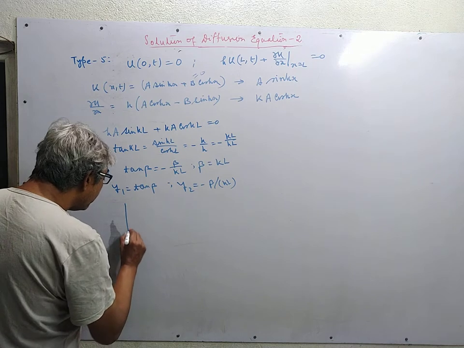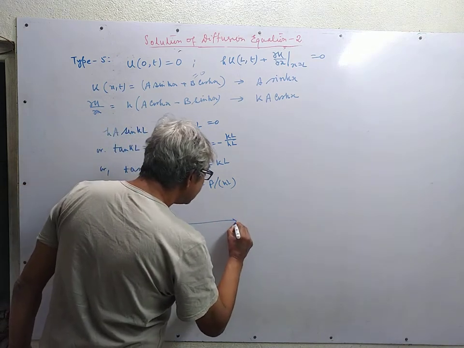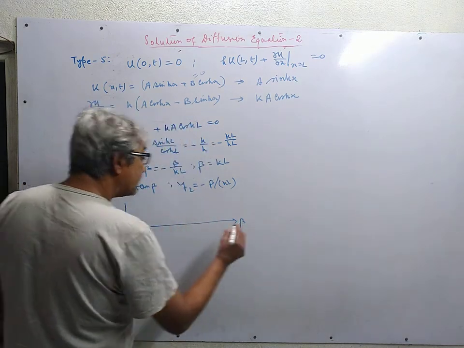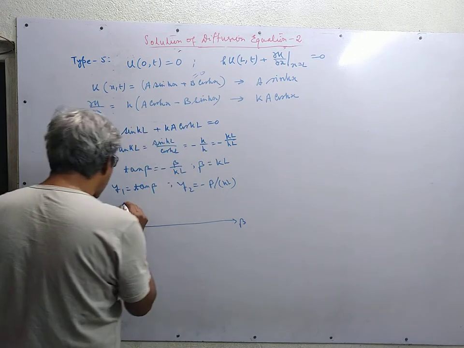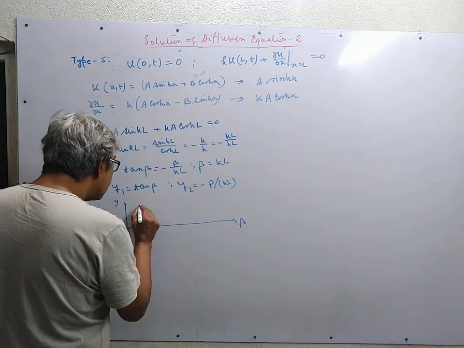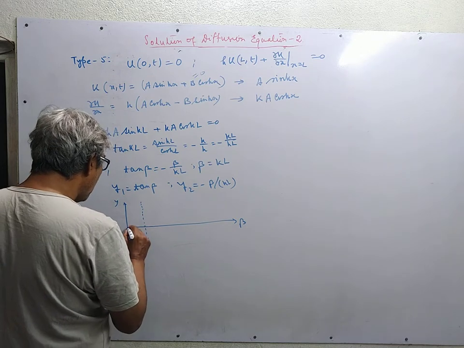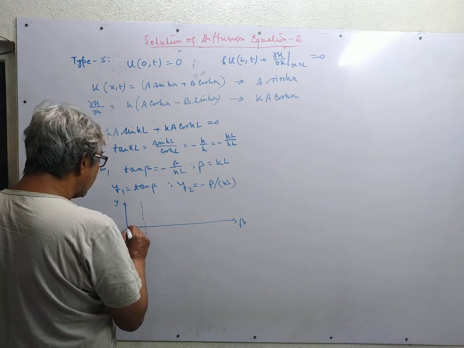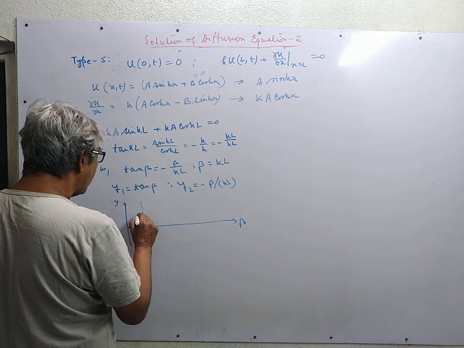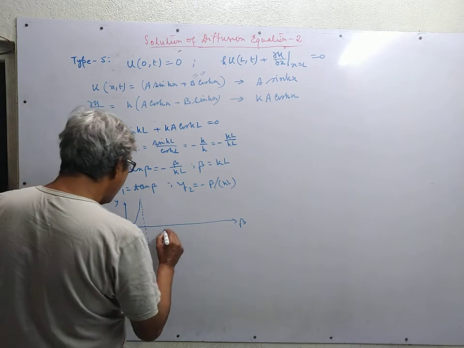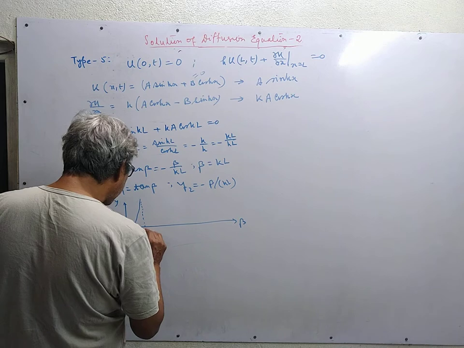For example, if we plot beta along this axis and y along this, then starting from 0 at beta equal to 0, tan beta is 0 and it goes to infinity at pi by 2. So this is the value at pi by 2.